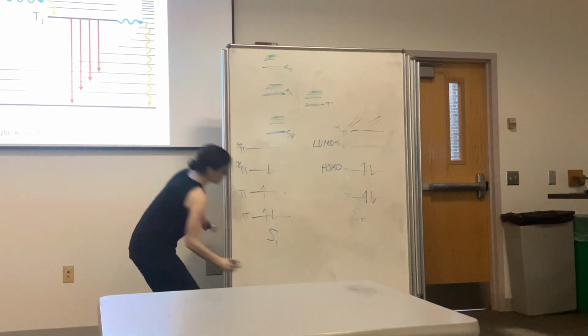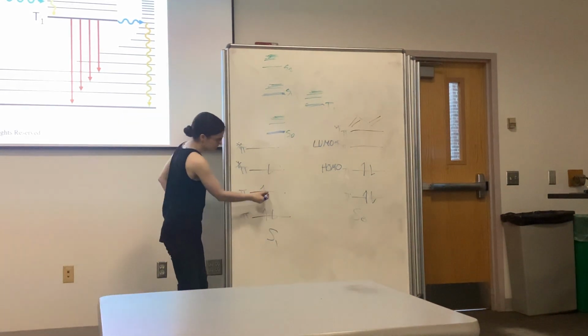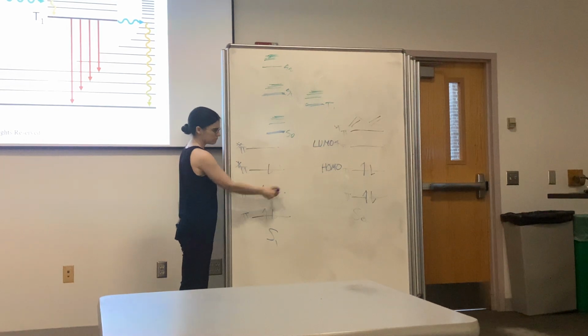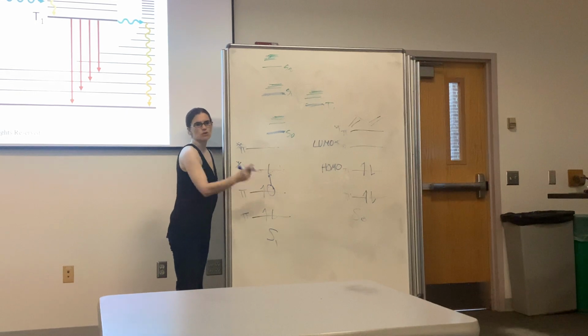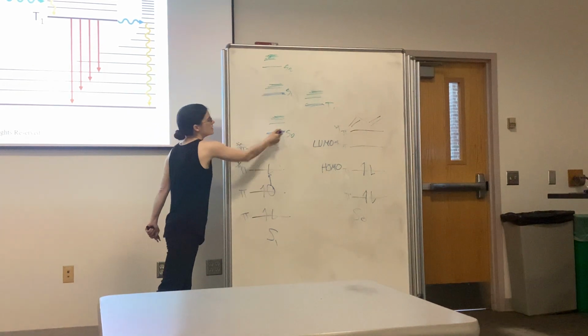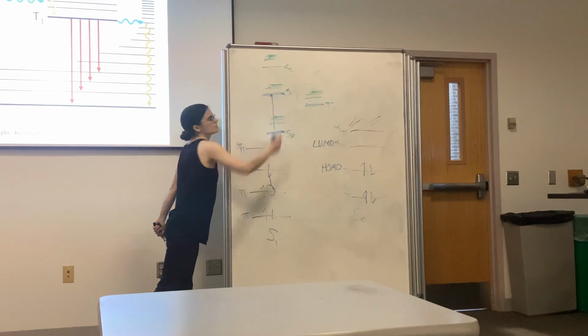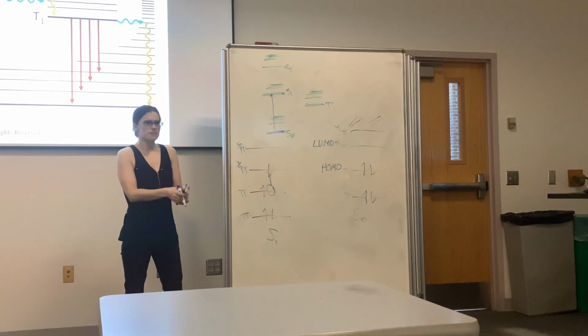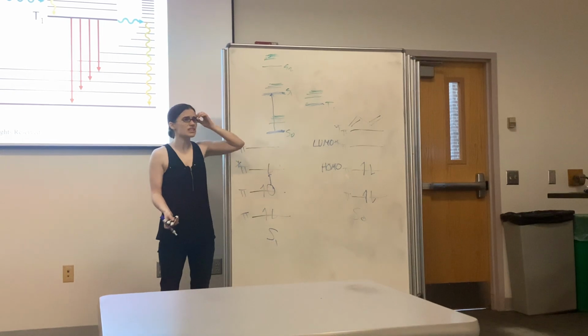This is what S1 looks like. So we took an electron and we promoted it, right? It was here, now it's up there. So promoted it to a higher level, now we're in a higher electronic state. Yes? These little lines, these are just vibrational energies.